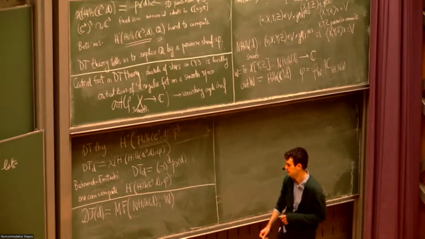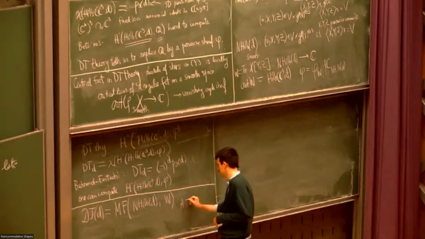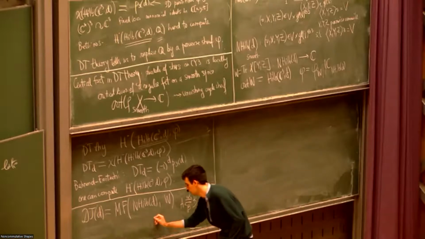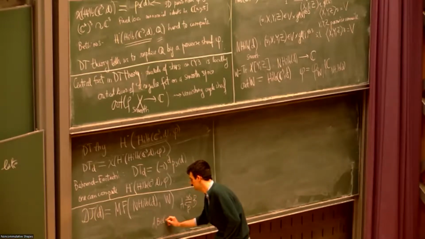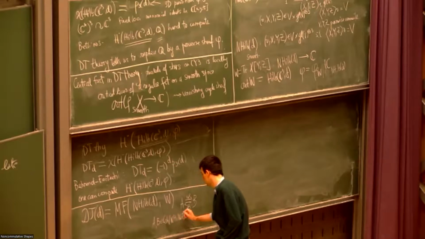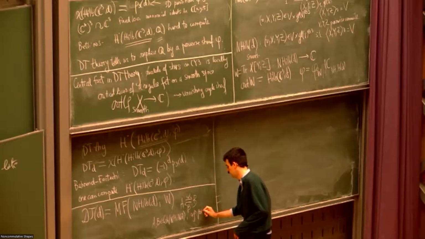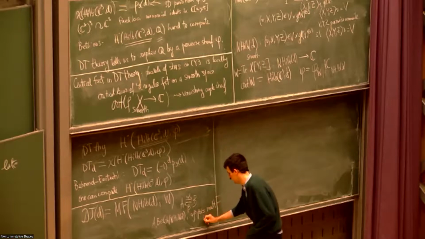The objects here are tuples A, B with maps alpha, beta as follows, such that A, B are coherent sheaves, or vector bundles if you want, on N Hilbert D, such that the compositions alpha beta and beta alpha are both multiplication by W.